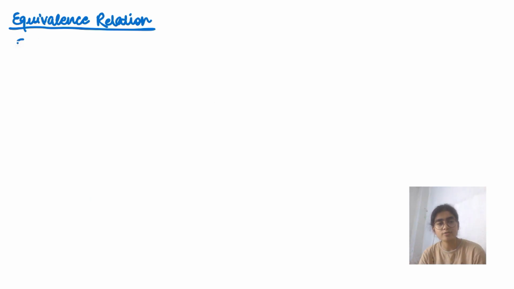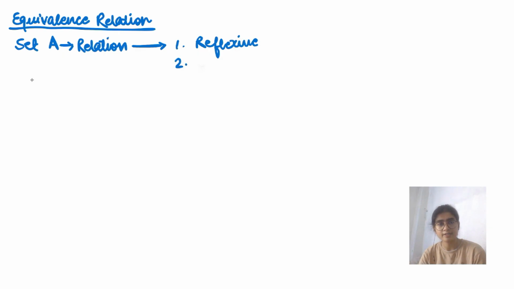Let's suppose we have some set A, and on this set A, there will be a relation that is going to be reflexive, symmetric, and transitive at the same time.